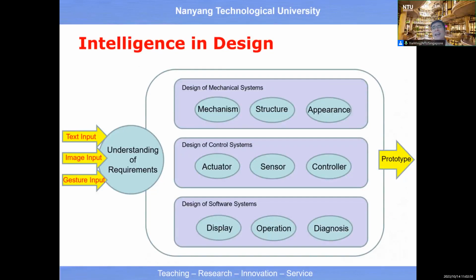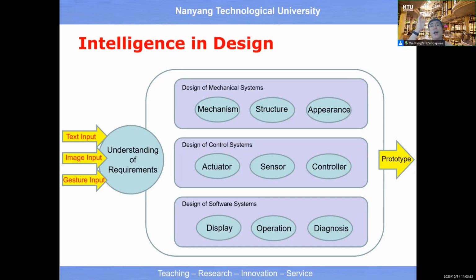Then the AI system could understand the product specification, and based on it come out with a preliminary design prototype. Then the human designer just does a fine-tuning of the prototype pre-designed by the AI system.